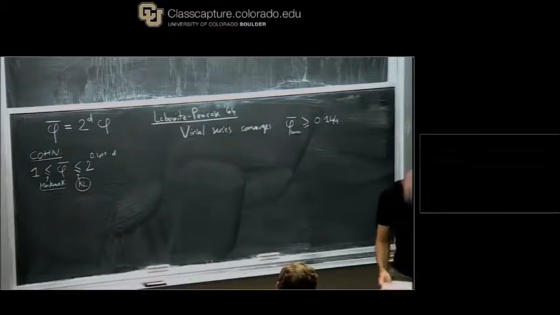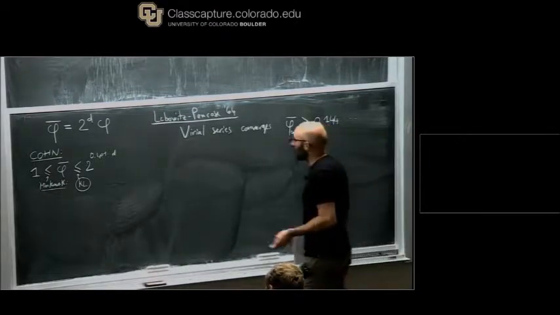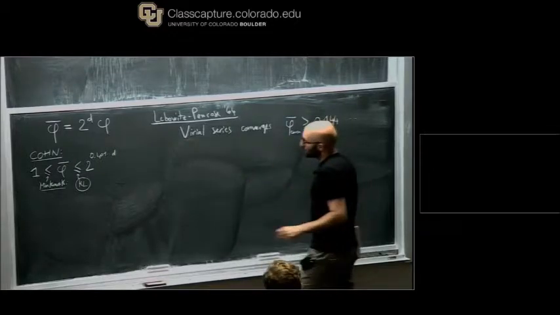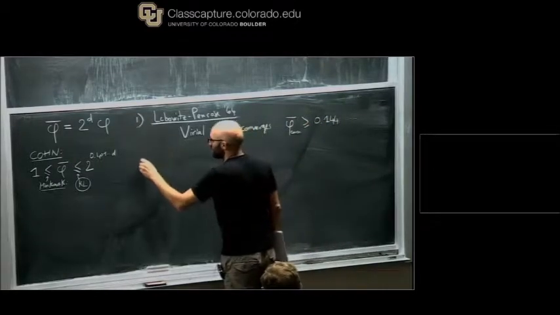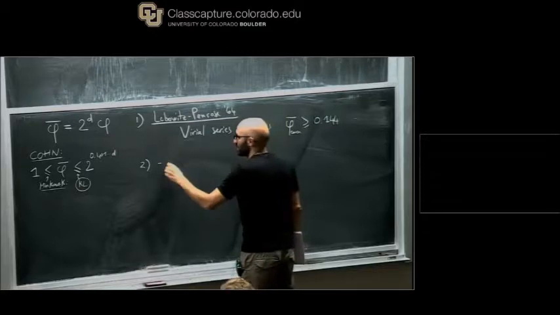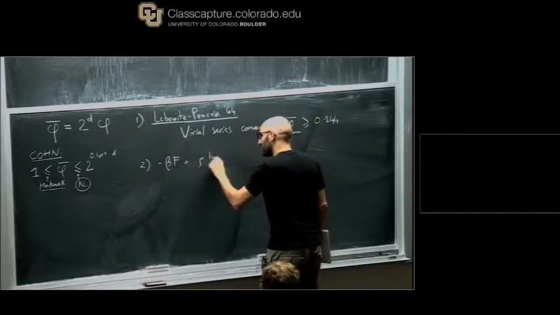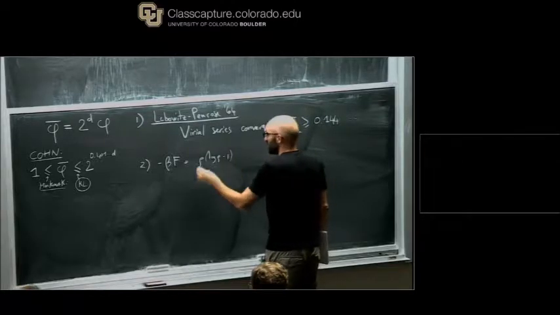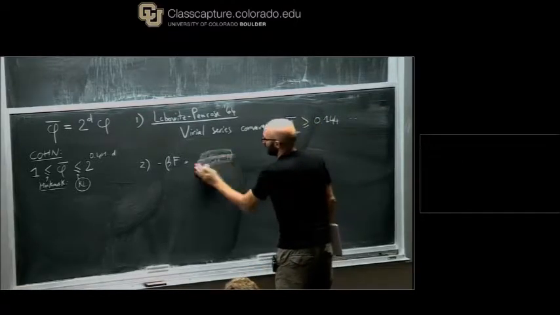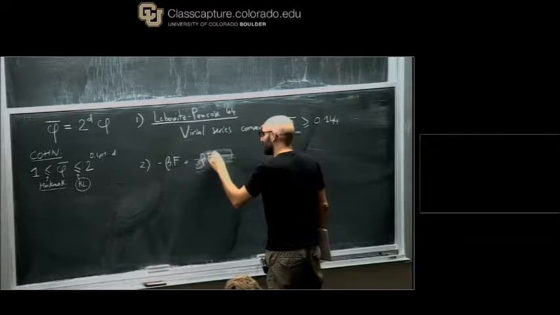Now, can we do better than this? The first thing we can do is to look better at the virial series. Unfortunately, I made my blackboard mistake. So the virial series, when you specialize it, you have some ideal gas term that is trivial.